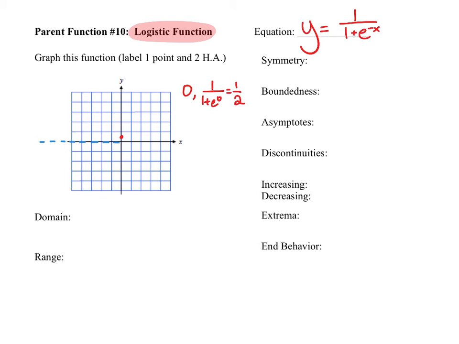There's a horizontal asymptote here at 0. And there's going to be a horizontal asymptote here at 1. Because we never actually can, with this function, get smaller than 0 or larger than 1. So it looks a little something like that.